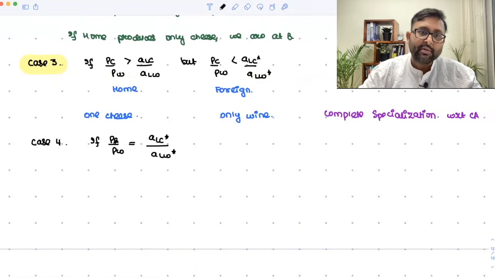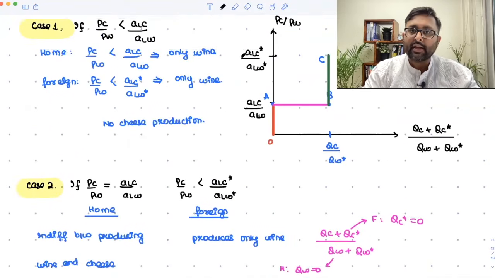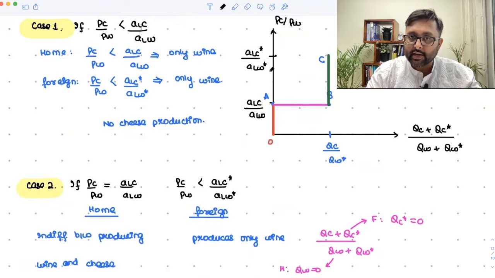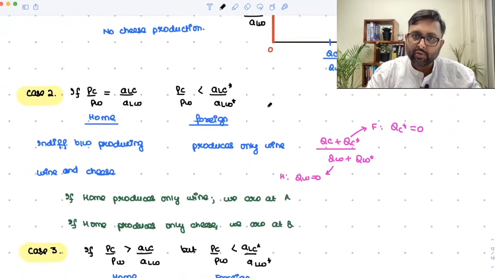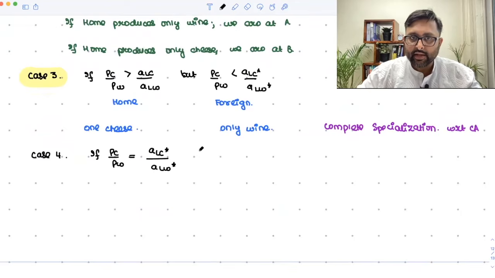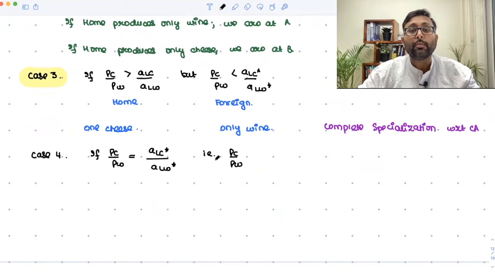So the moment PC by PW is equal to ALC star by ALW star, definitely it is greater than ALC by ALW. So PC by PW is definitely greater than ALC by ALW. Because what? Because ALC is less than ALW star.